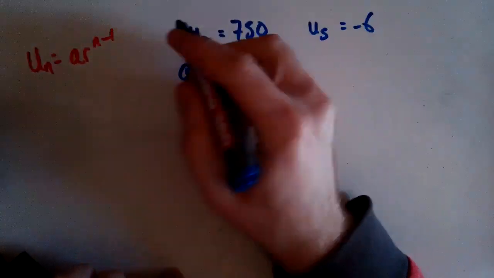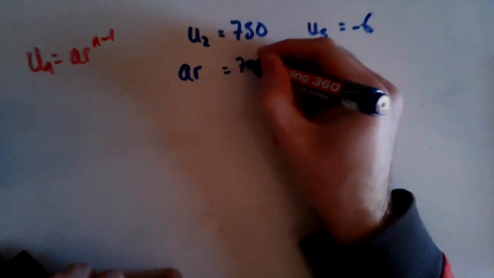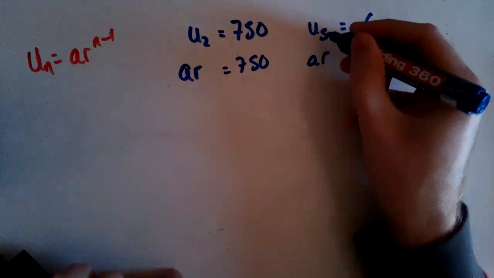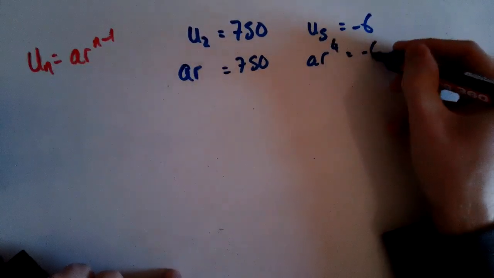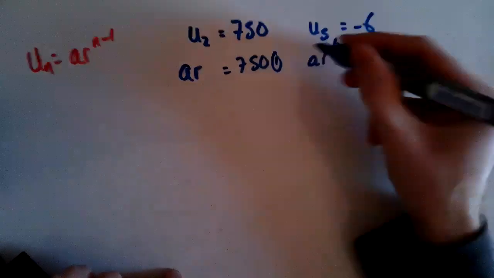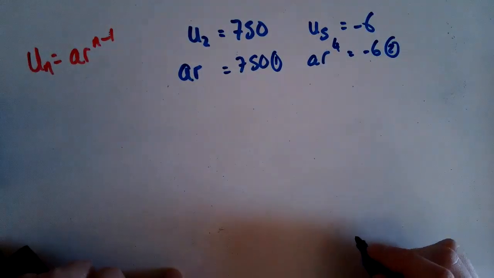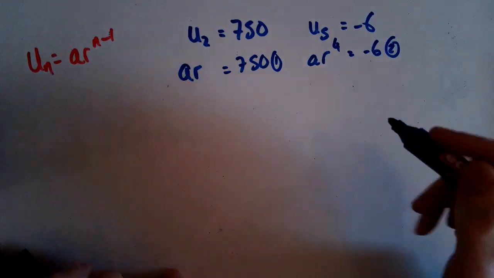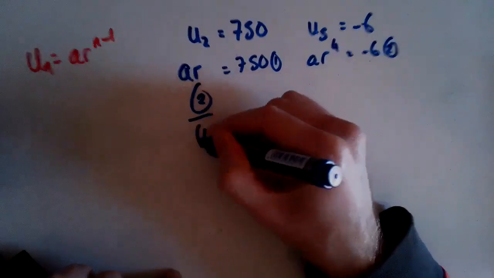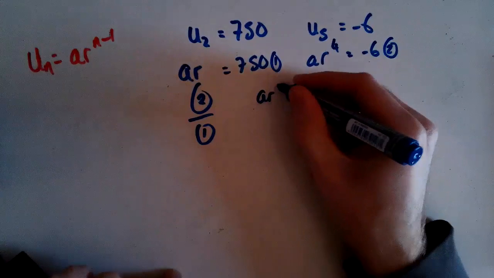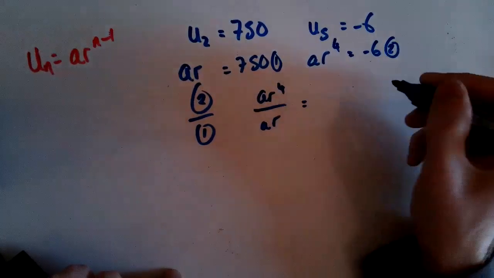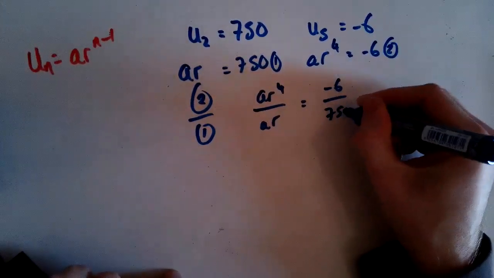So ar to the 2 minus 1, which is 1, equals 750. ar to the 5 minus 1, which is 4, equals -6. That's equation 1. I'll call that equation 2. So simultaneous equations, I'm going to do 2 divided by 1. So I get ar to the 4 divided by ar is -6 divided by 750.